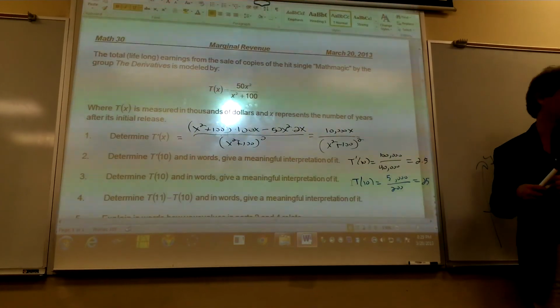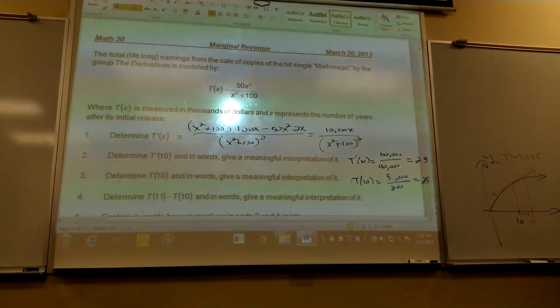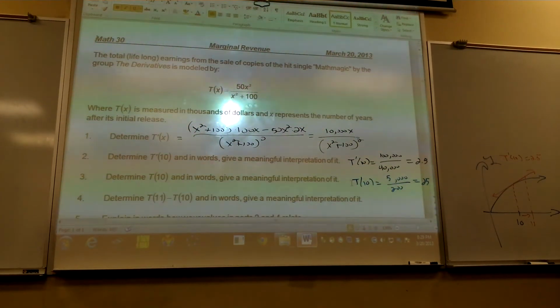What does that mean? That's $25,000. At the 10th year, they made exactly $25,000. You mean over 1 year? No, they made a total up to that point. So at t equals 10 years, after 10 years of this record being on the market, I have earned a total of $25,000. That's the total amount of money earned from marketing this particular thing.